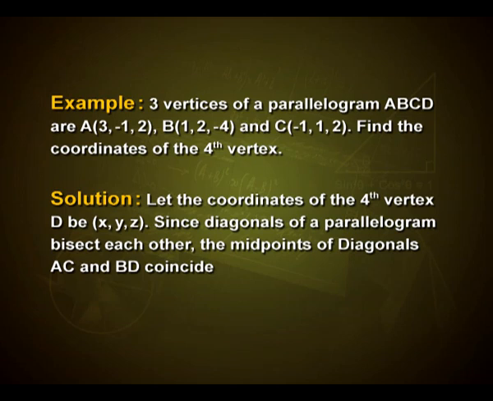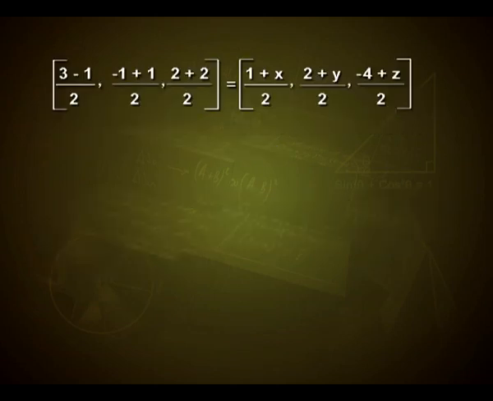Since diagonals of a parallelogram bisect each other, the midpoints of diagonals, namely AC and BD, should coincide. So, ((3 − 1)/2, (−1 + 1)/2, (2 + 2)/2) will be equal to ((1 + x)/2, (2 + y)/2, (−4 + z)/2). Now, we equate the coordinates of x, y and z respectively.